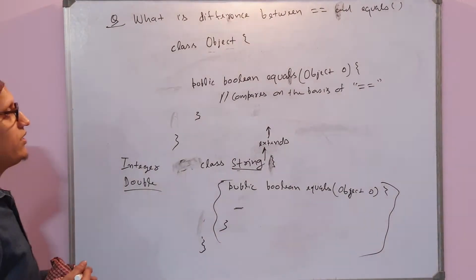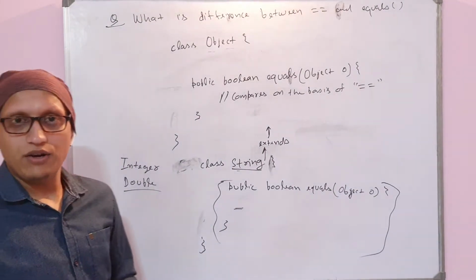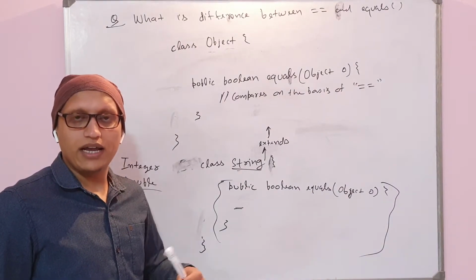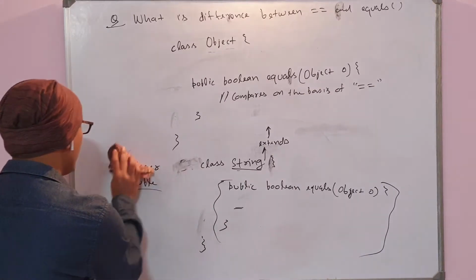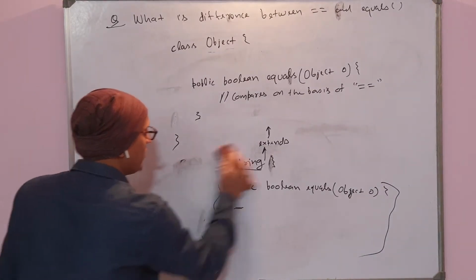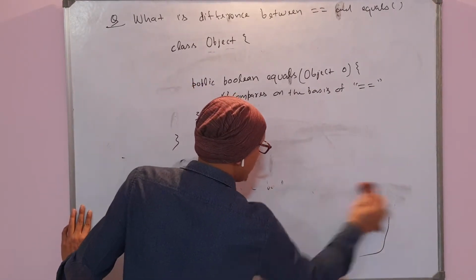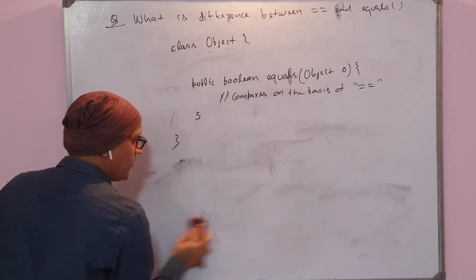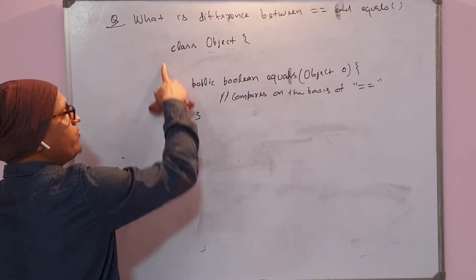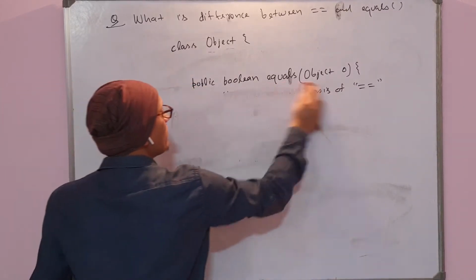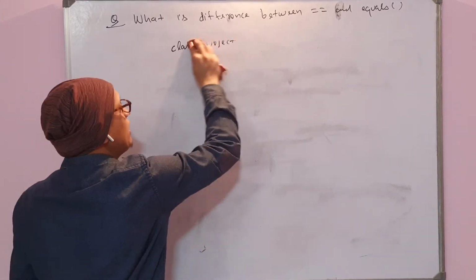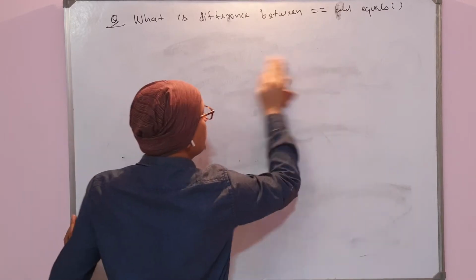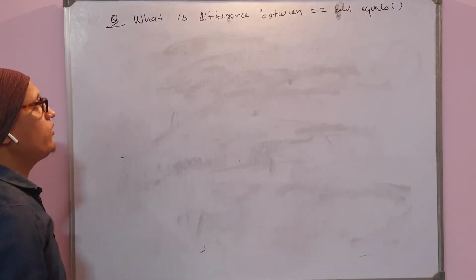Okay, now let's see, if you are creating your own class and you want to compare on the basis of content, what do we need to do? Just remember that the Object class has its own equals method which compares on the basis of double equal.